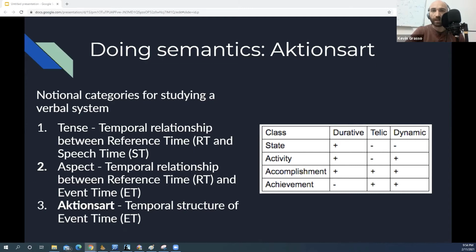I will say all of this, you really shouldn't think about these categories as encoded in a certain verb. Okay, you should think of them as really the whole verb phrase. Okay, so basically that includes the object. So when I said play basketball, it's not telic.